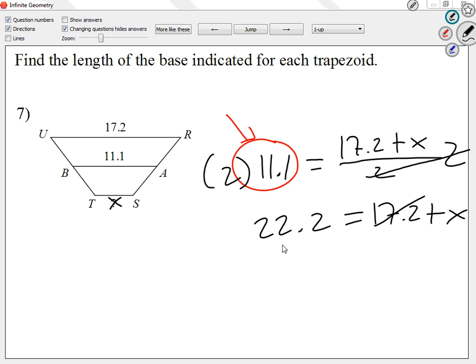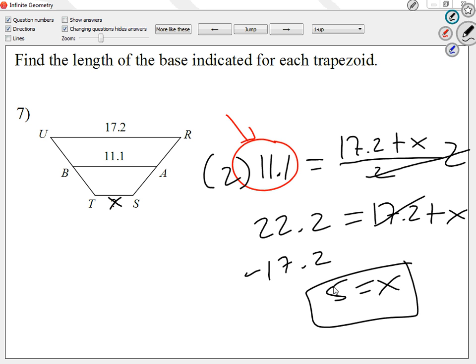My 17.2, let me bring it to the left as a negative 17.2. So what's the value of X? 5. So that takes us up until number 12. Any questions up until 12?